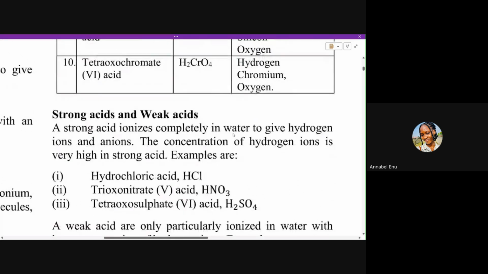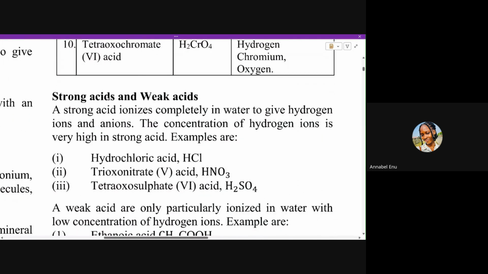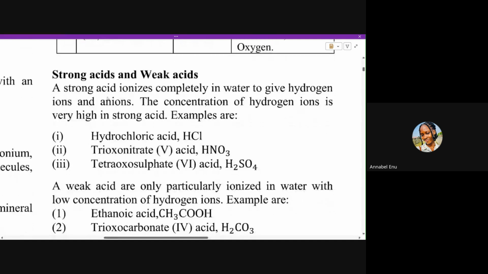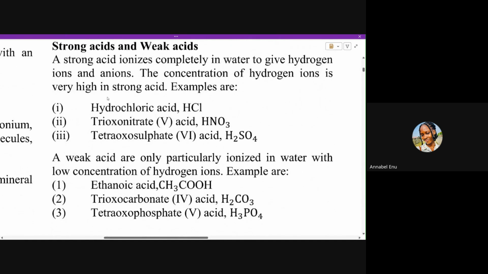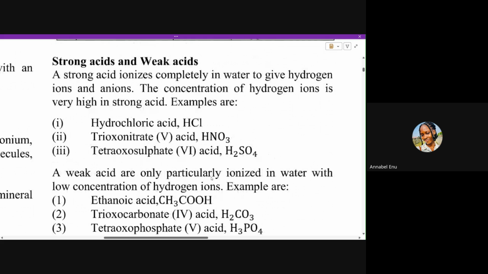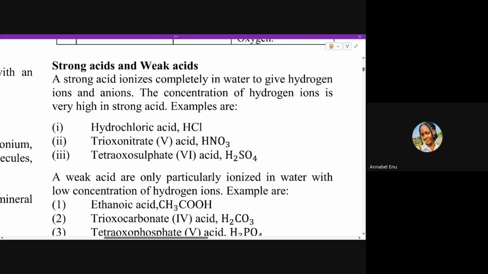Now, strong and weak acids. A strong acid will ionize completely in water, while a weak acid doesn't ionize completely in water. Ethanoic acid is an example of a weak acid. When we talk about strong acids, these three are first and foremost: hydrochloric acid, H2SO4, and nitric acid.